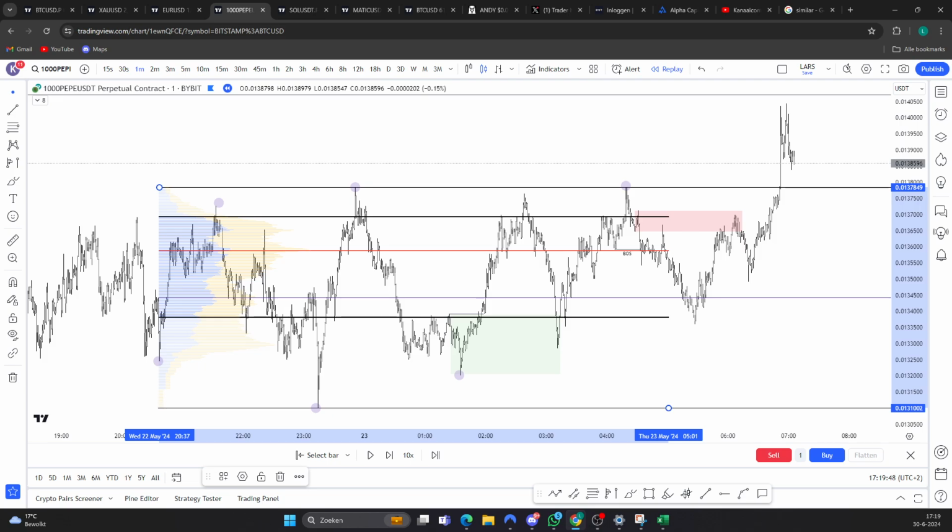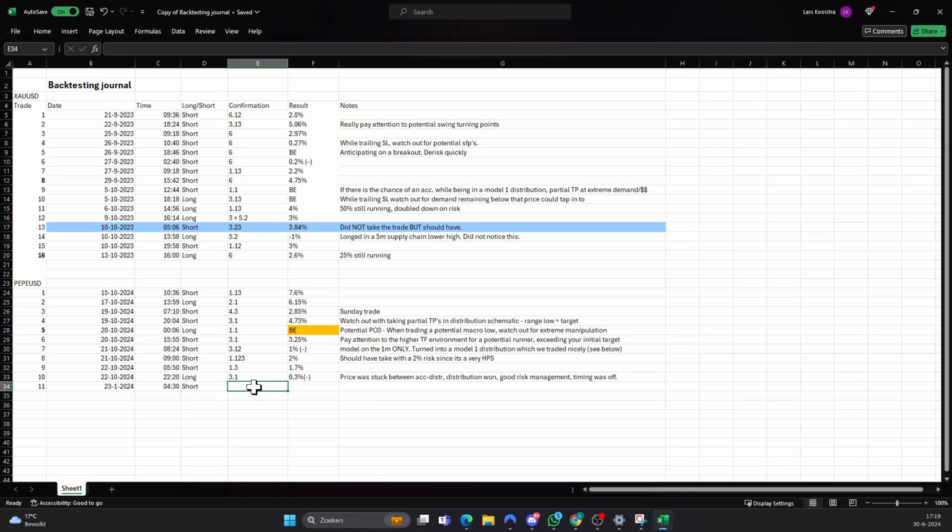Model 1 distribution was a 1.1. Yeah. 1.1. 1.9% gain.